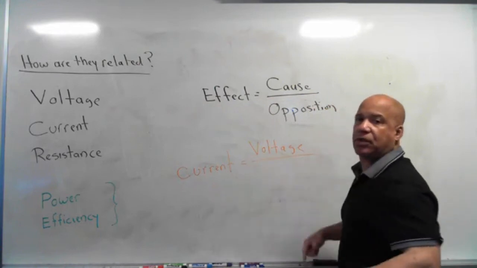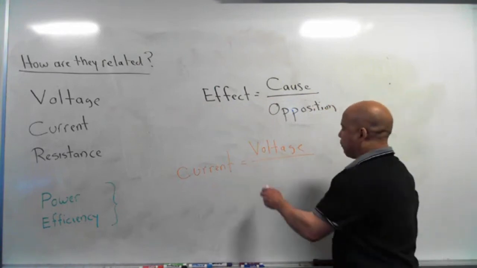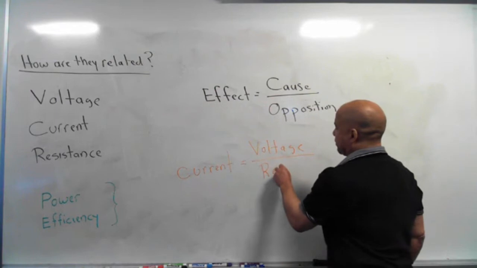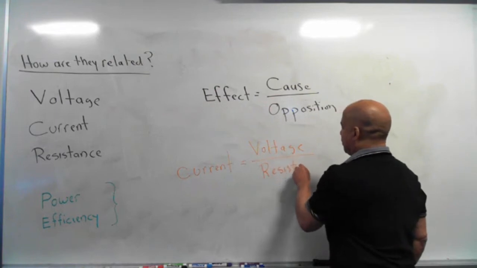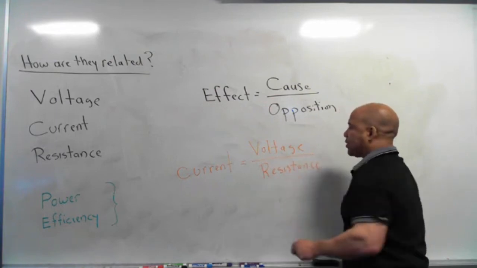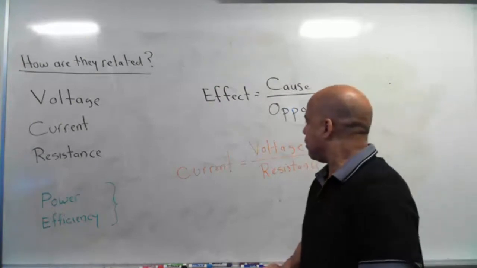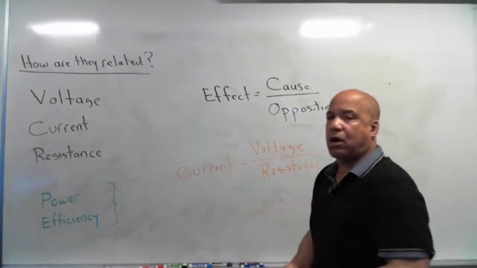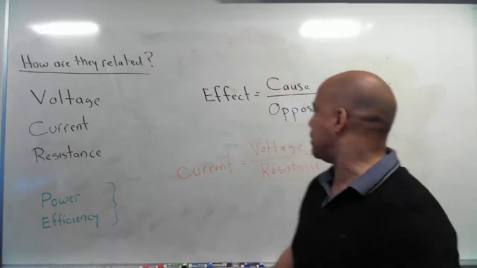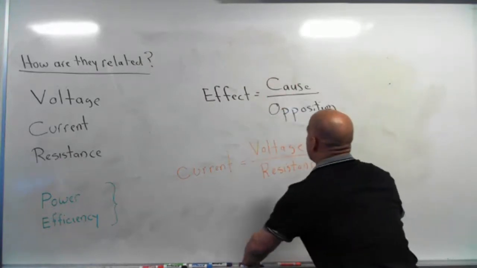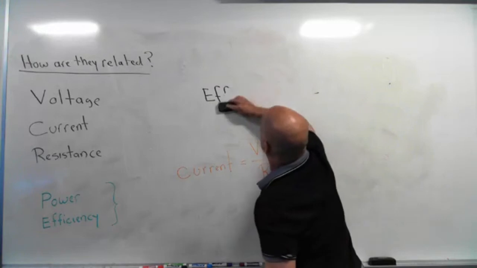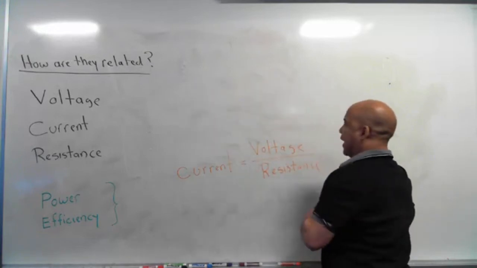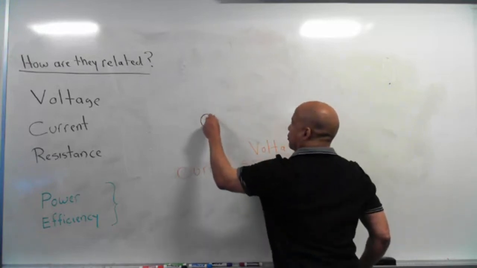And the opposition to current flow is electrical friction or resistance. And so this relationship, current is voltage over resistance. This relationship has a name. These variables are related in the way that you see here. And the name of this relationship is Ohm's law.